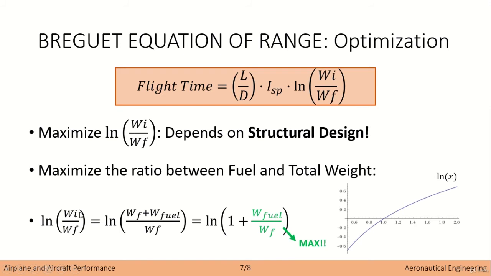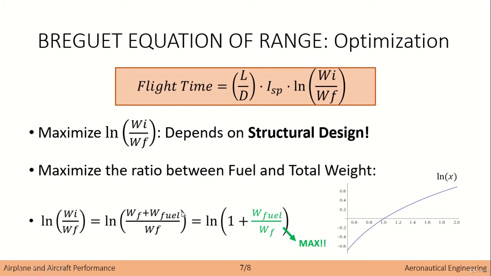So initial weight will be the same as the final weight plus the fuel, right? Because throughout the flight we consume some of this fuel. So initially we will have the same weight as finally, but with also the fuel, right? So the idea is that the difference between the initial weight and the final weight is just the amount of fuel that we had before and which we have consumed in order to propel our engine, right?